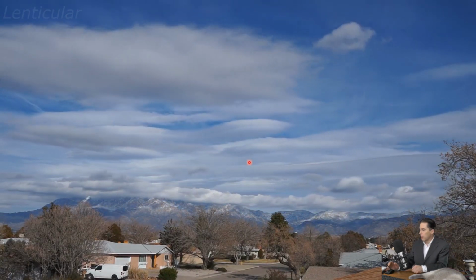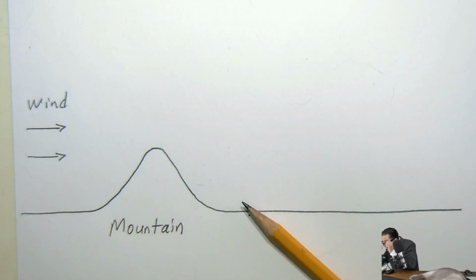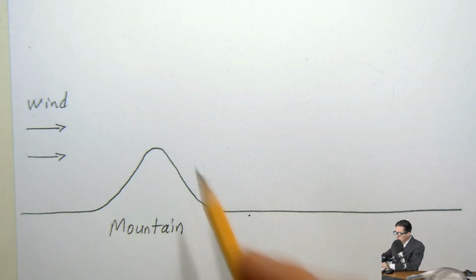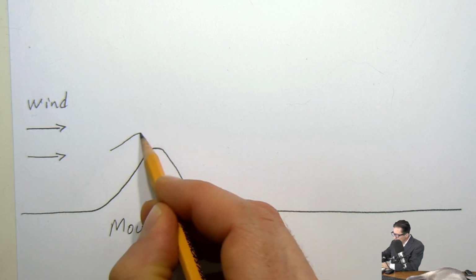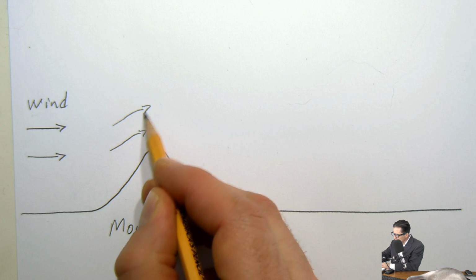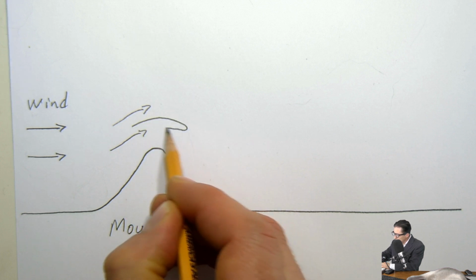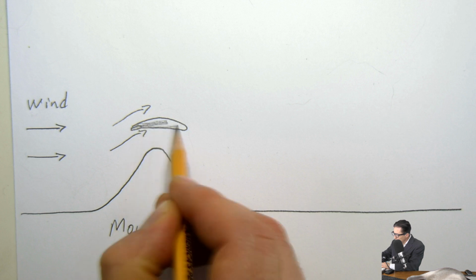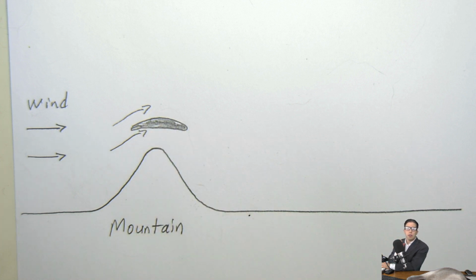Now, one thing that will happen is that if we have a mountain and we have wind and it pushes up over the mountain like this, we'll get a lenticular shaped cloud, say up here, right? Okay, but air is compressible and it's bouncy.